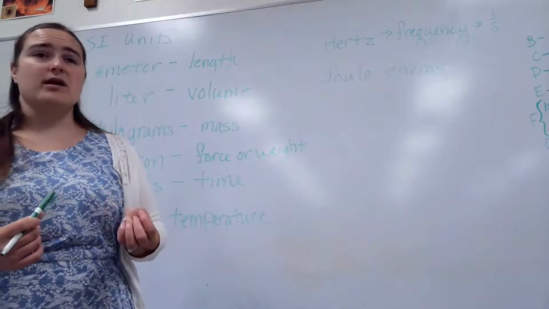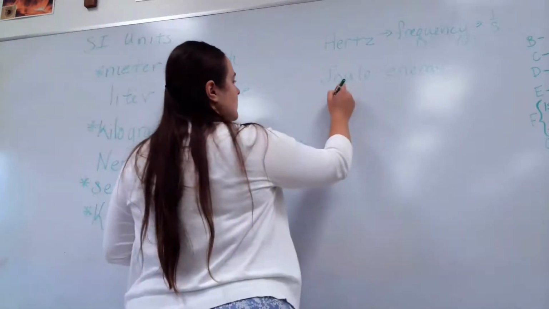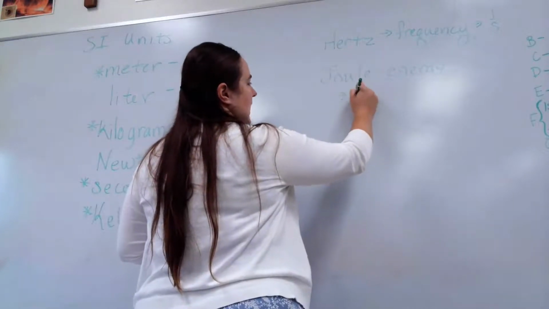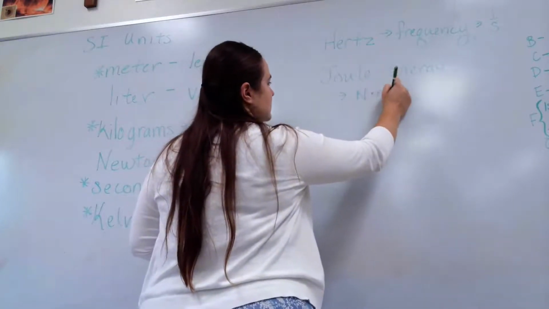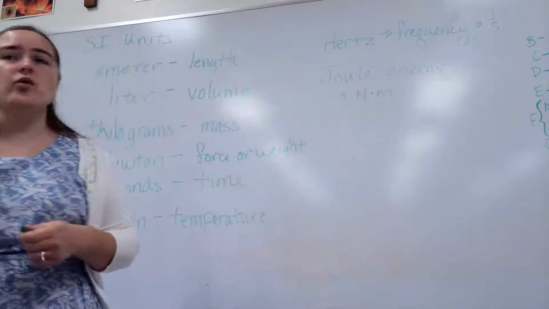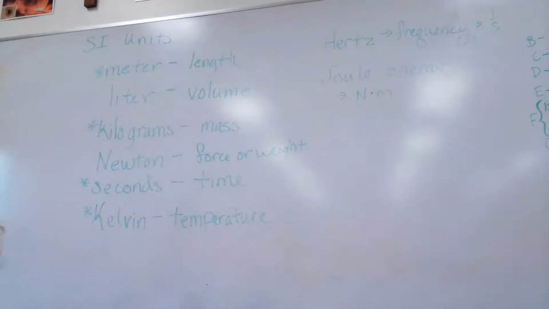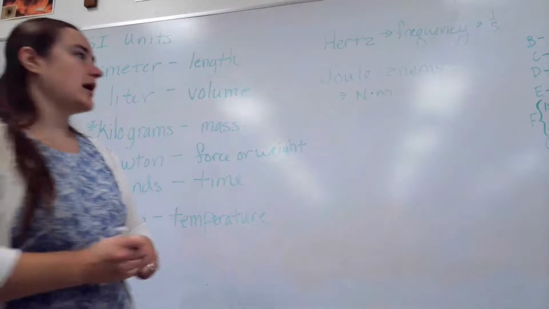For joules, we can write it as newtons times meters. So force times distance. When we get to work, that will be very, very familiar. I guess I could add work on.